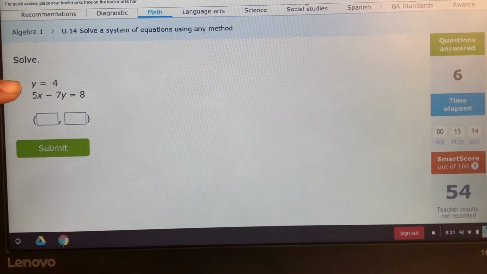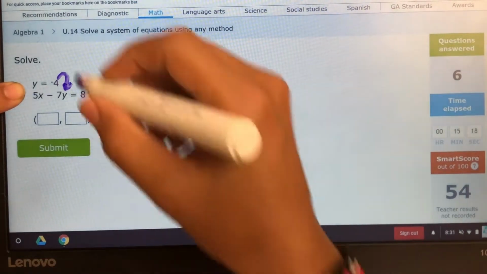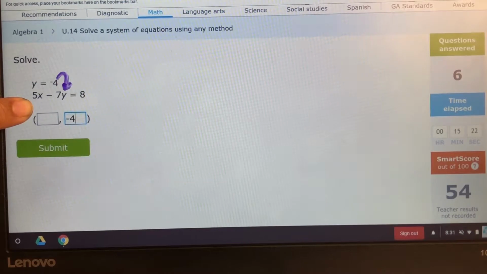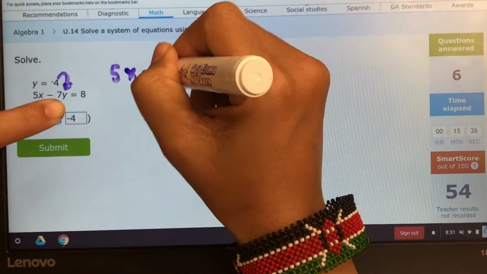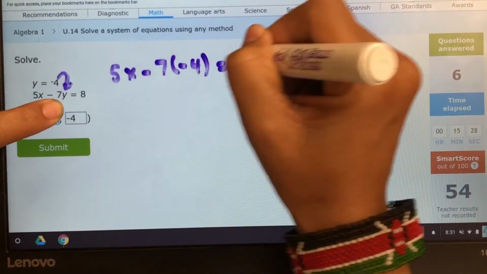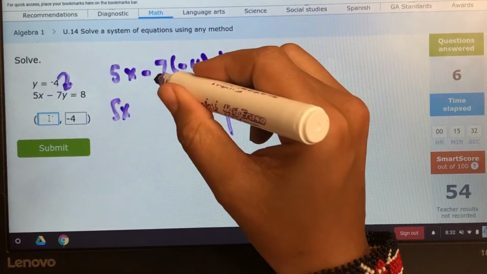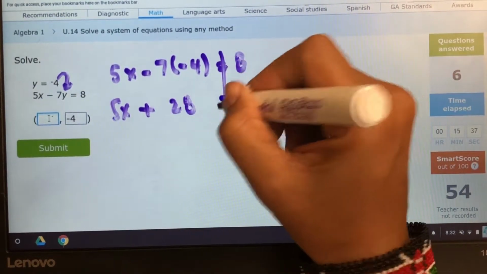What do you do with this one? Just plug it in. So y equals -4, just plug it in there. So let me go ahead and write it in, -4 here. And then plug it in there, so it's going to be 5x minus 7 times -4 equals 8. So I've got 5x, negative times negative is a positive. 7 times 4 is 28 equals 8.